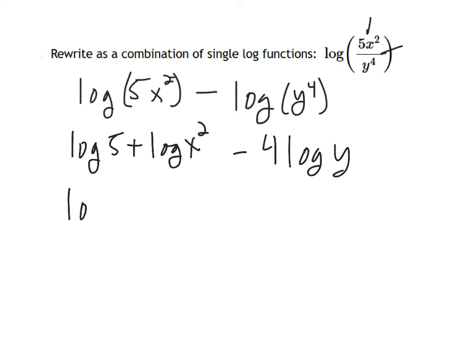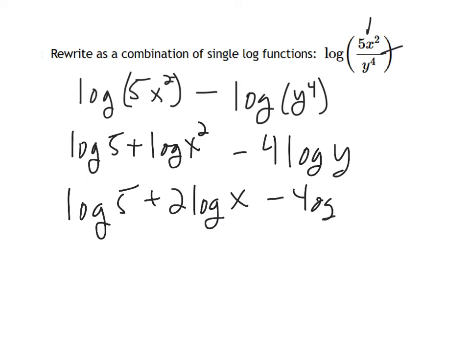Well, log 5 I can't do too much with, but I can bring the 2 down in front, and then minus 4 log y. So I guess that's about as far as we can take it. They're all linear, so that's expanding it.